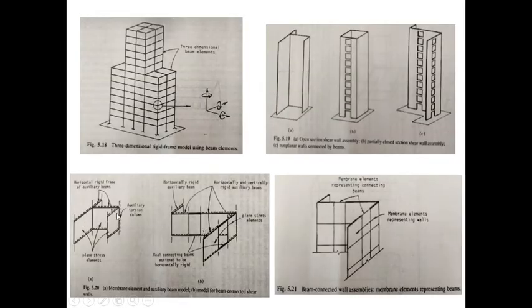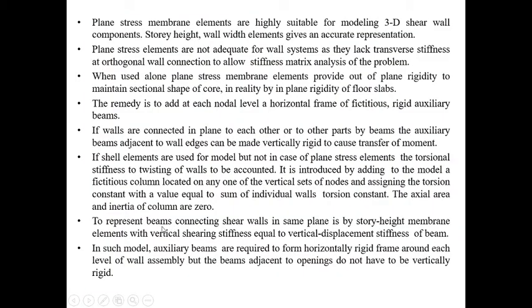At these edges, an auxiliary torsion column will be provided, whose torsion constant will be equal to the summation of the individual walls' torsion constants, and the axial area and the inertia of the column will be 0.